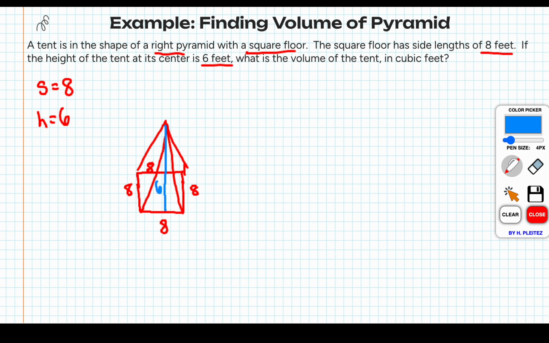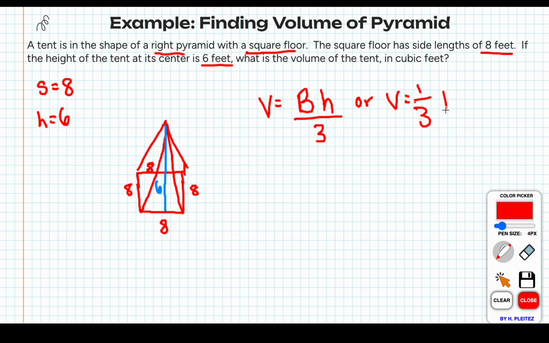Now, the formula for volume of a pyramid, again, is area of the base times the height, divided by 3. Or 1/3 of capital B times H. Our base is a square. To find the area of our square, we do length times width.